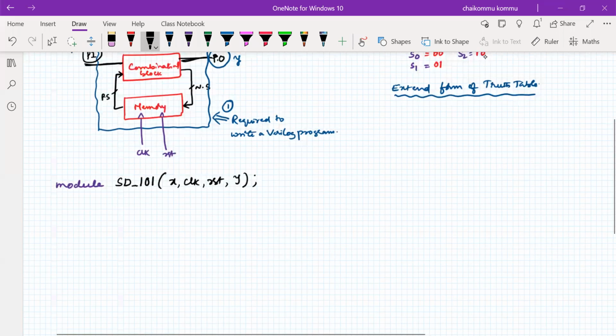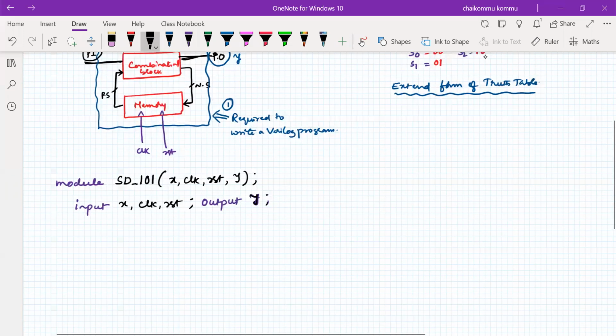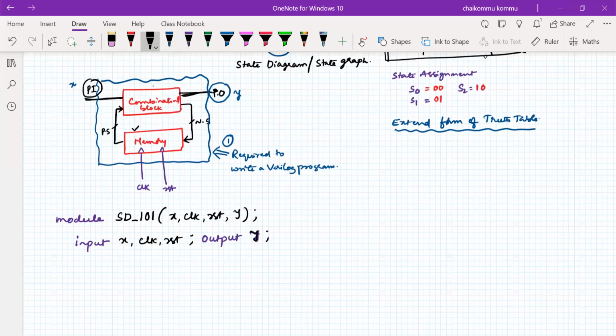Next, inputs are x, clock, reset, and output is y, right? Carefully understand. I'm going to write one always statement for this one, another always statement for this one.